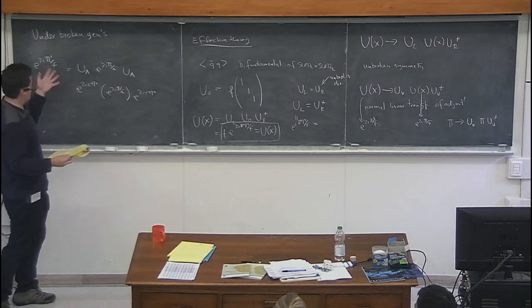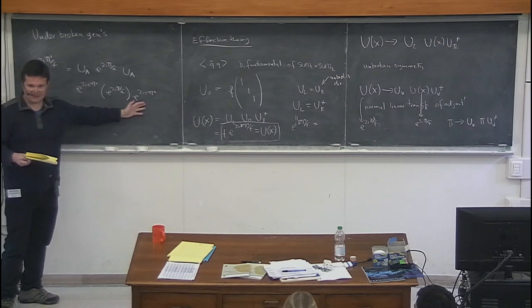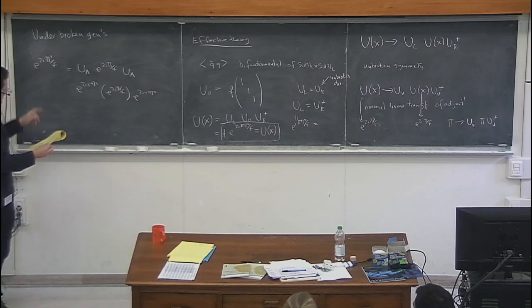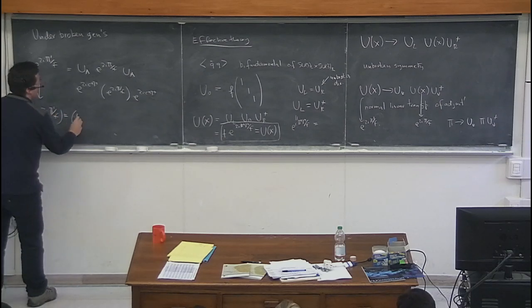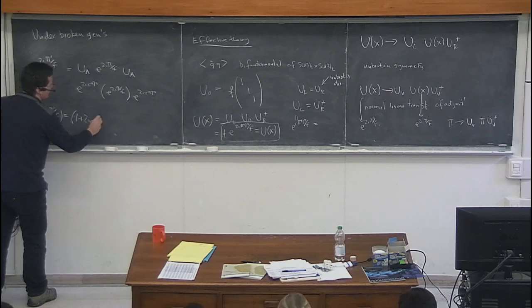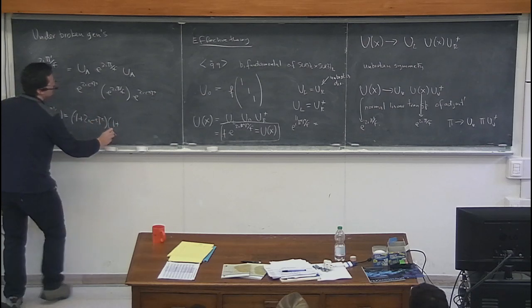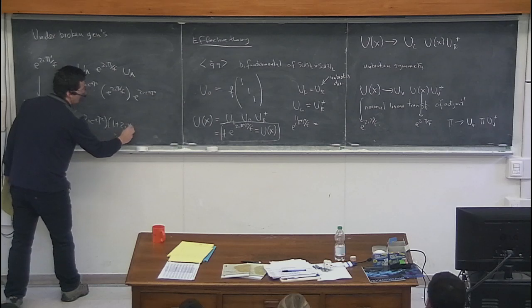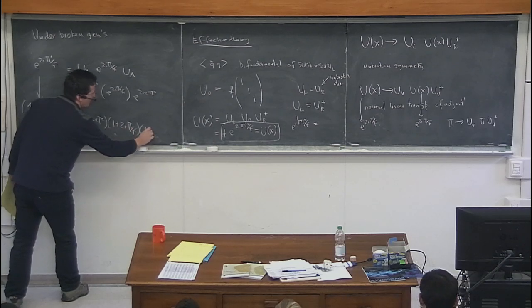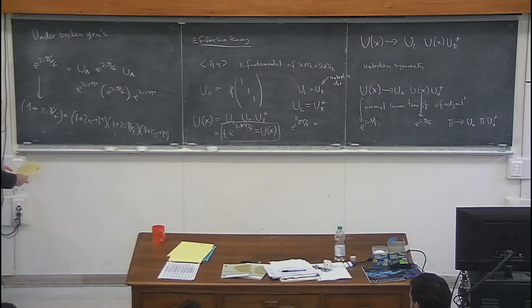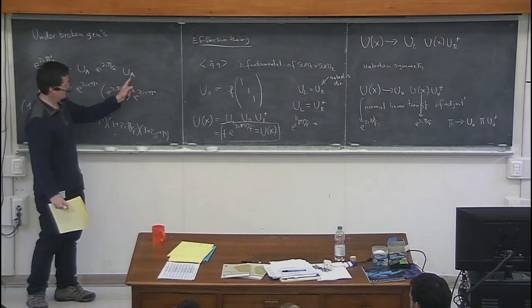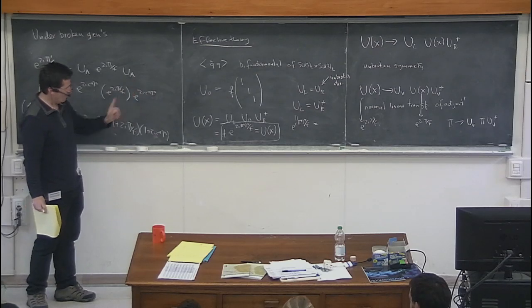And then you can start comparing the left and the right hand side order by order. I can expand the left hand side, the exponential: 1 plus 2i pi prime over f, and that is 1 plus 2i c^a T^a times 1 plus 2i pi over f, times 1 plus 2i c^a T^a. And of course the important thing is that because this is an axial symmetry, there's no minus sign here.